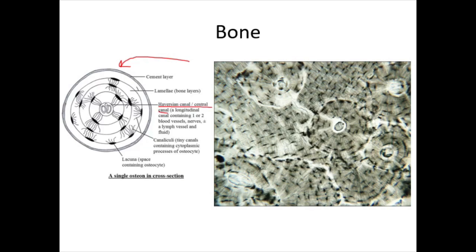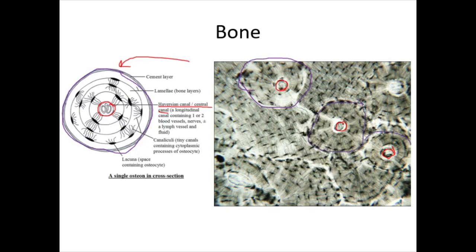So this would be this, here. Osteon, which is what you're seeing here, here, here. So any complete circle is an osteon.